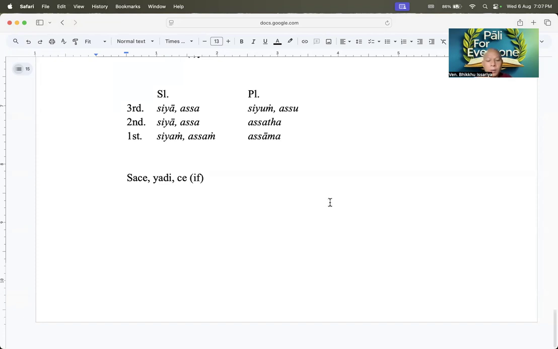Commonly, the first sentence is one sentence starting with saji or ji or yeti, and after that, that sentence is with the optative verb.